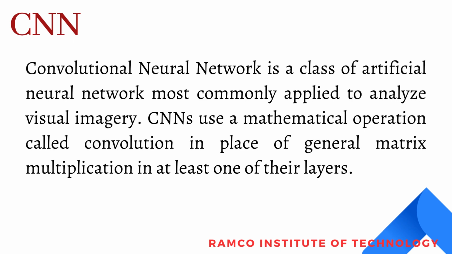It is most commonly applied to analyze visual imagery. CNN is a class of deep learning. We already know that it is similar to the basic neural network and it is heavily used in computer vision applications. CNNs use a mathematical operation called convolution in place of general matrix multiplication in at least one of their layers.